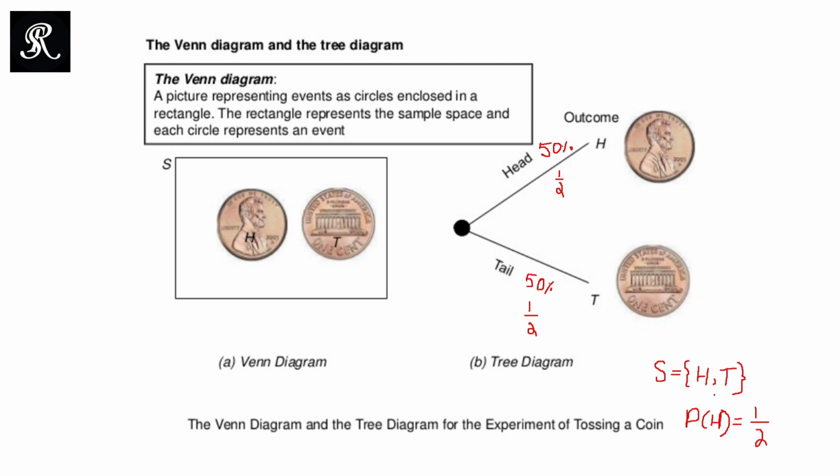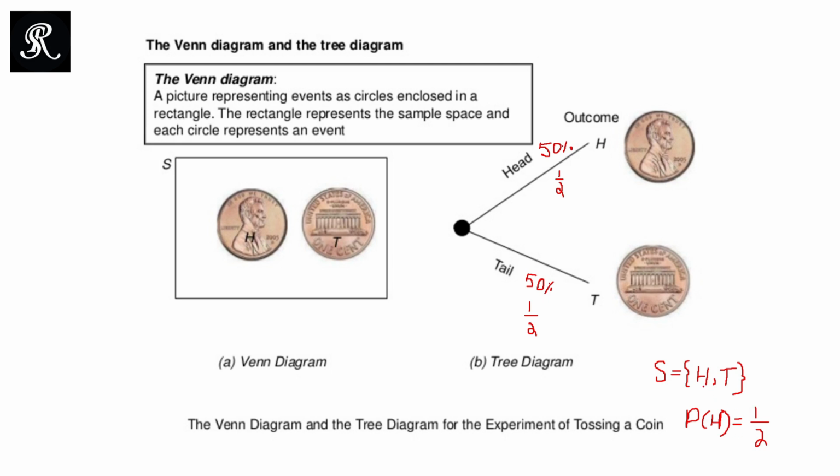So we have one favorable outcome divided by the total number of outcomes, which is 2 here. So there is a half chance of occurring a head when we toss a coin.